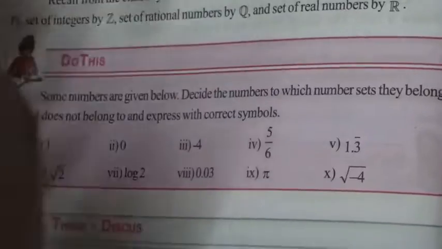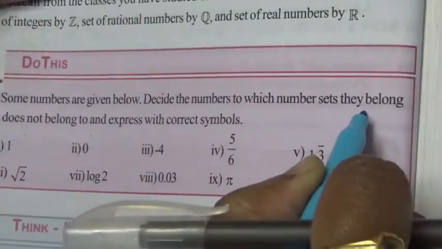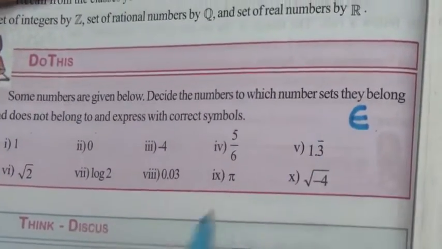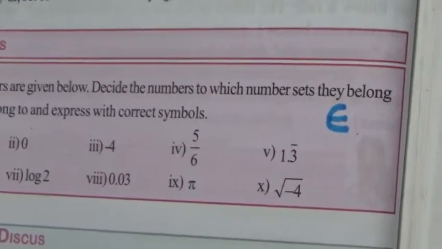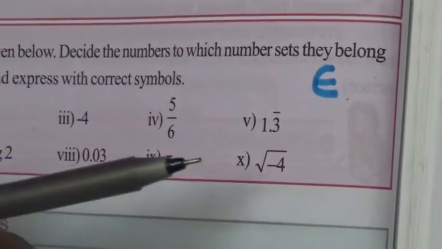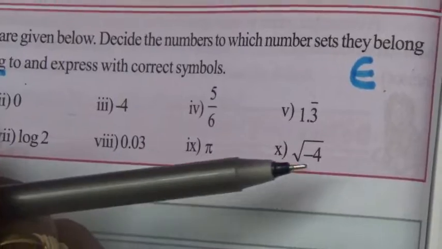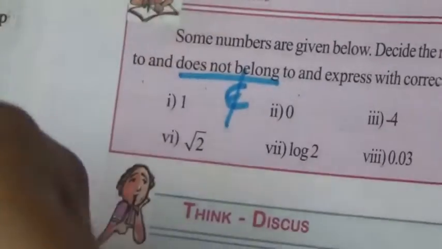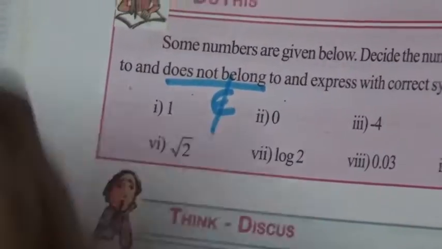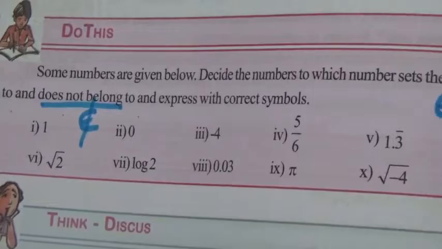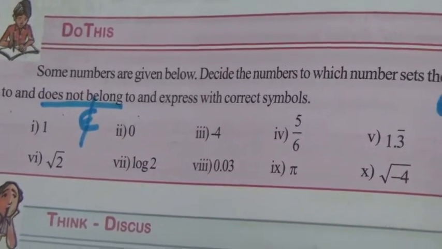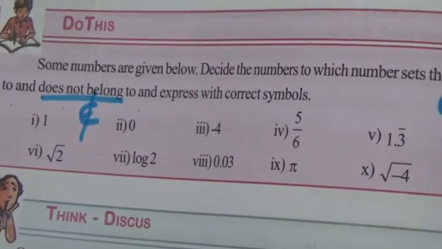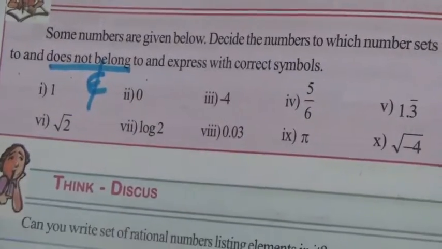Already we know that belongs to is identified with this symbol, right? Yesterday in the introduction part I told you, and does not belong to is identified like this, right? So just like that, you have to identify the given numbers, which number system they belong to and which number system they do not belong to. We have to identify by using these symbols.